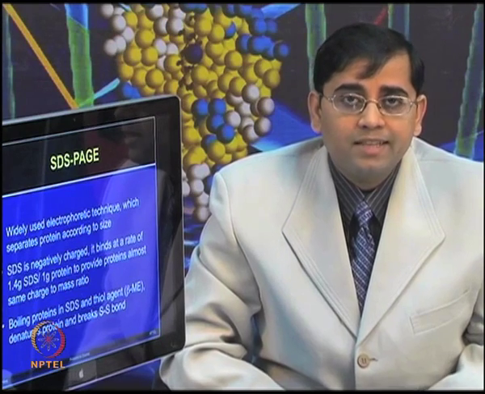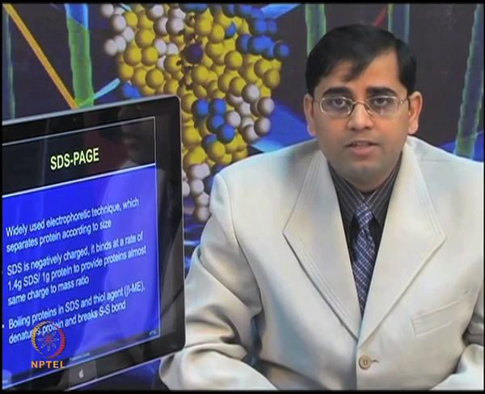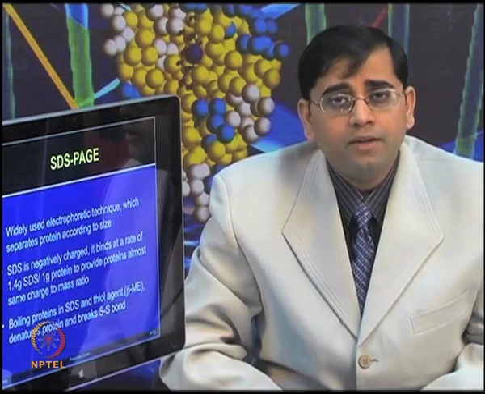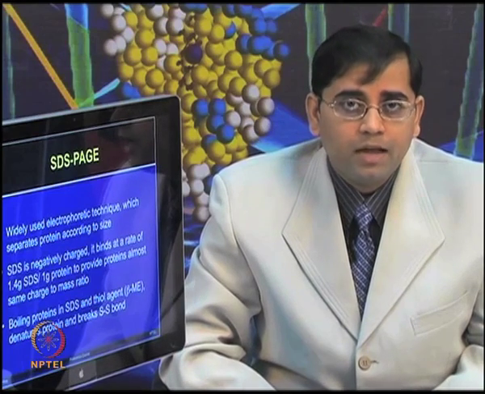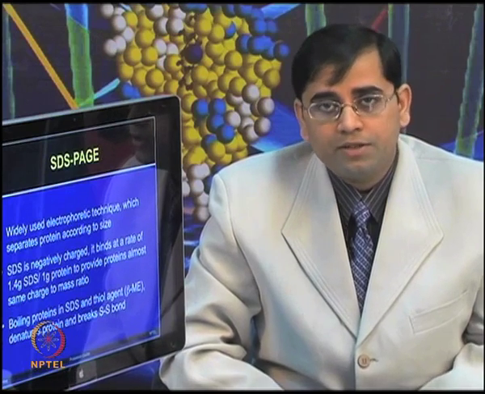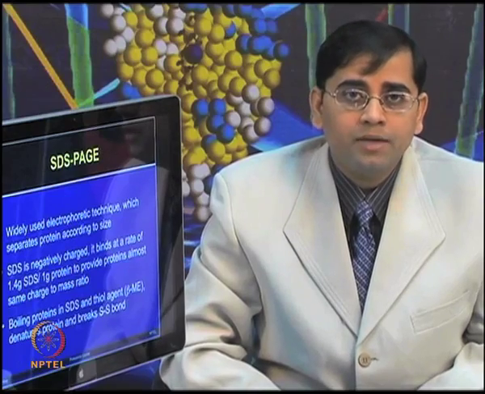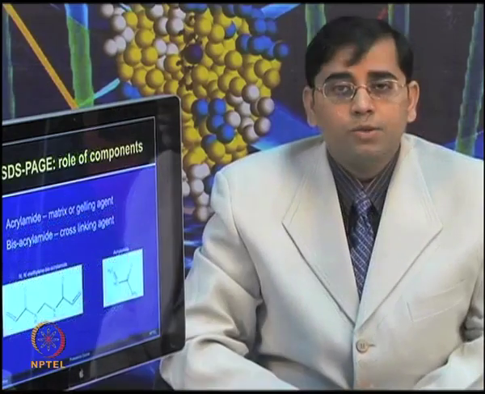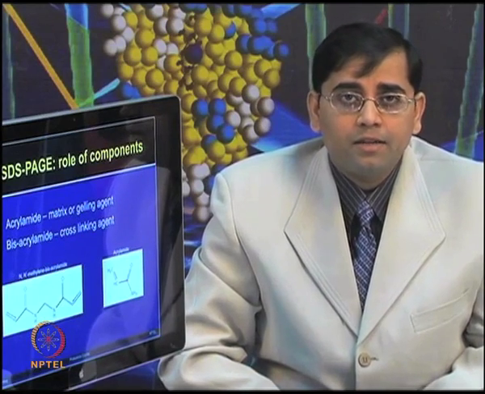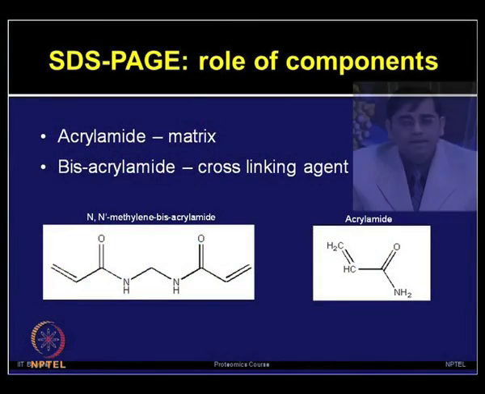Now, since you cannot do this boiling step in two-dimensional electrophoresis, where you have already focused the IPG strip in the first dimension, you need to do the equilibration step. The rest of the steps will be very uniform. So, let me describe the role of the components which are being used in SDS-PAGE.